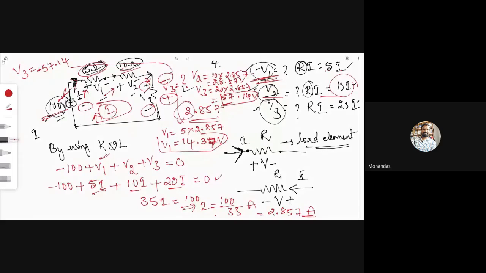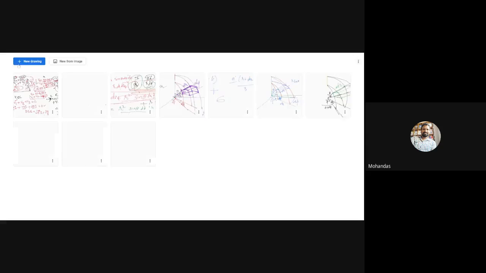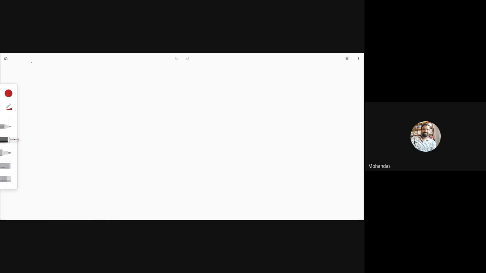Okay. So let us solve another problem. The problem is: plus minus, this is a voltage source. Let me give a text problem. So there is a 50 volts source here. 50 volts.